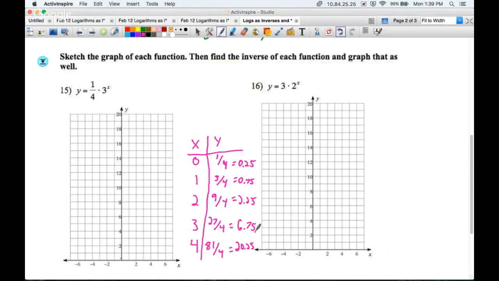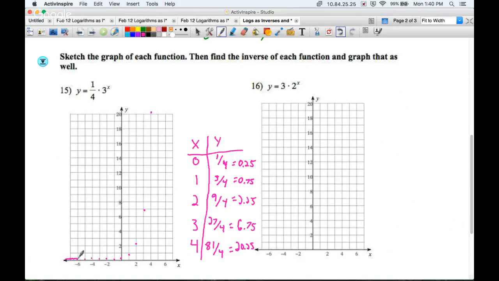All right, so we'll do our best to plot those. We got 1/4 up to 3/4, 2 1/4, 6 3/4. By the time to 4, we're just off the graph, so right about there. All right, and then on this side, it approaches its horizontal asymptote very quickly.